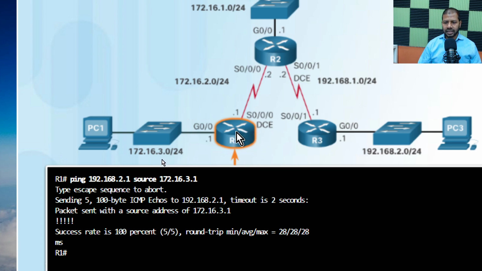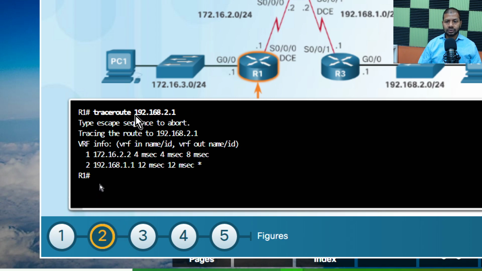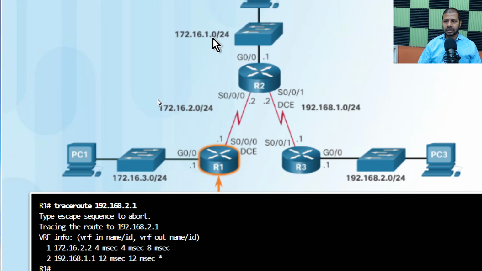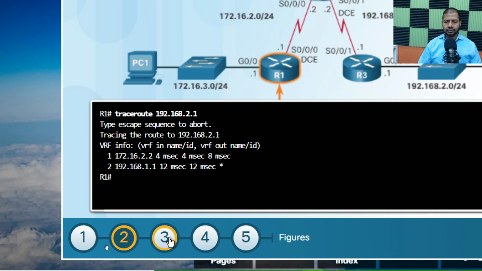You can also use the traceroute command. With traceroute, you can see which route or path you're taking from one place to another. From PC1, if you're going to another network, you can see which route you're taking. If there are multiple routes, the traceroute command will reveal that to you.